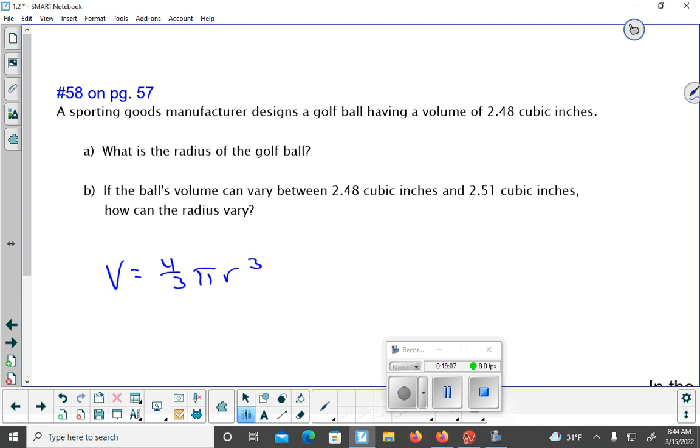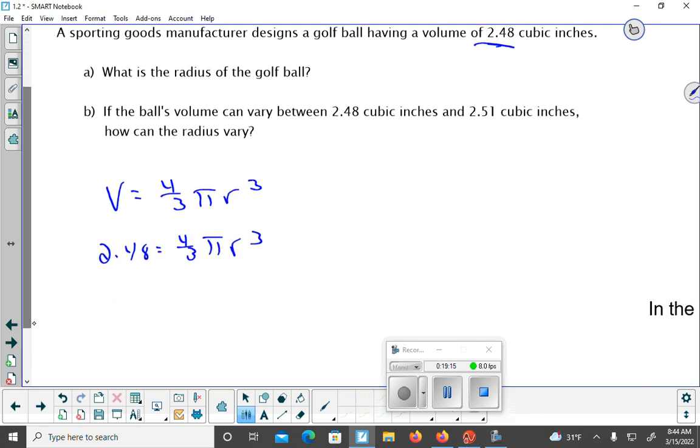So this would tell me the volume is 2.48. So 2.48 is equal to 4/3 pi r cubed. So I took 2.48 divided by pi and multiplied it by 3/4 to get r cubed. That should make sense to everybody.